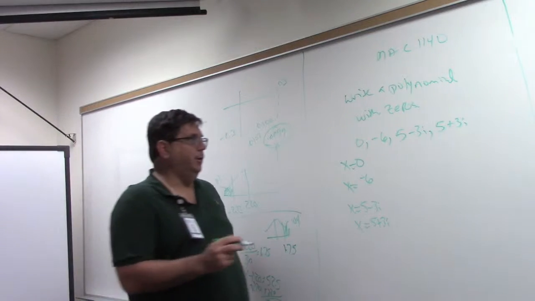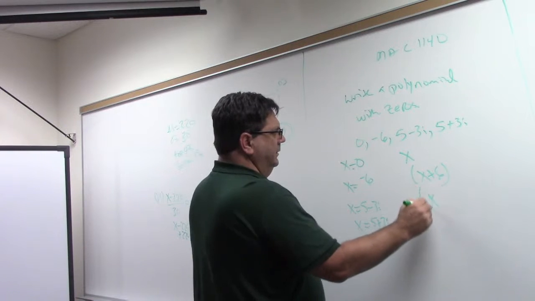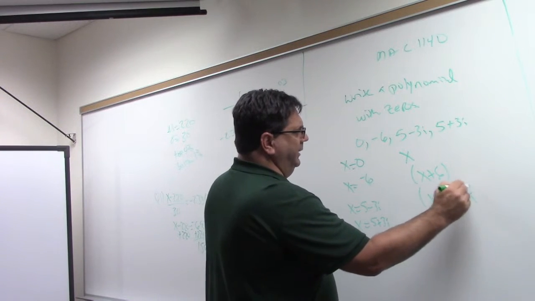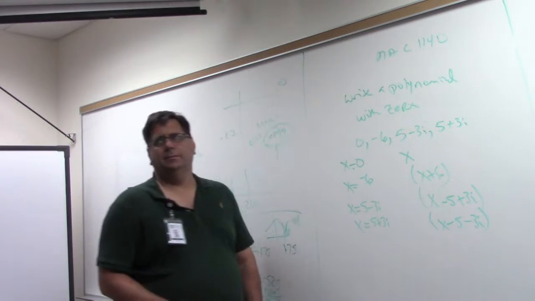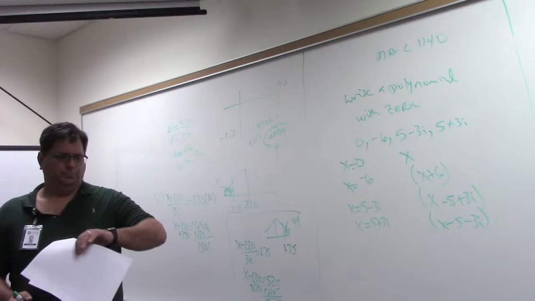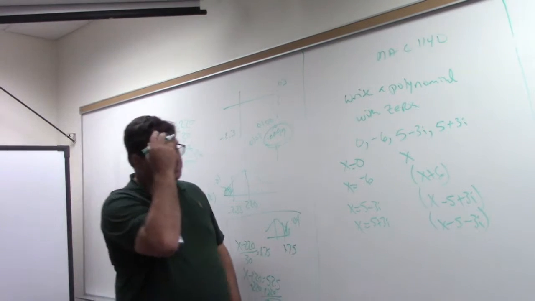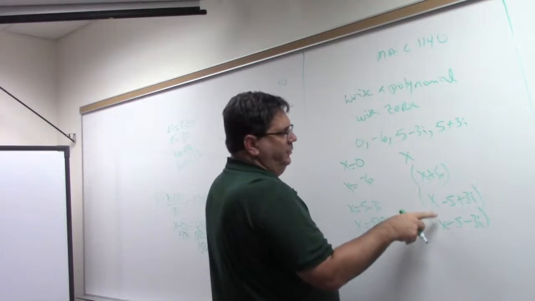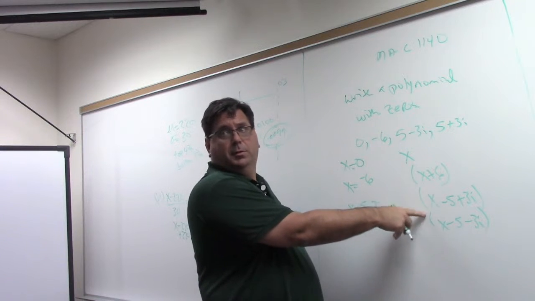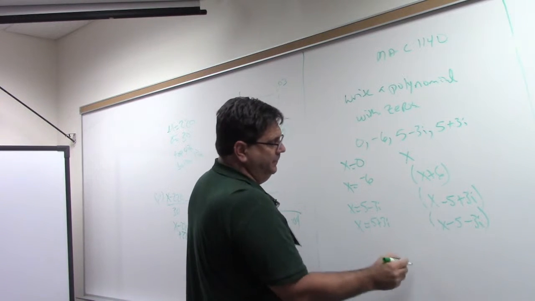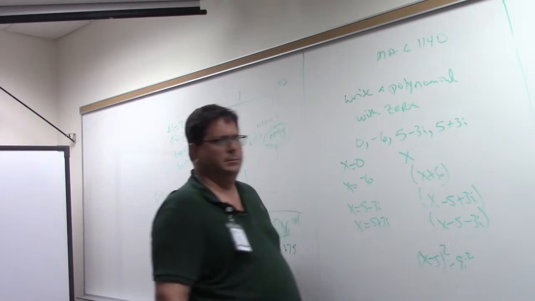So the 4 factors are X, X plus 6, X minus 5 plus 3i, X minus 5 minus 3i. Multiplying these two together. Multiplying these two together. X minus 5 squared minus 9i squared.